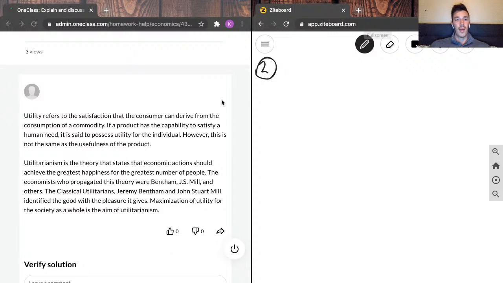The economists who propagated this theory were Bentham, J.S. Mill, and others. The classical utilitarians, Jeremy Bentham and John Stuart Mill, identified the good with the pleasure it gives. And maximization of utility for the society as a whole is the aim of utilitarianism.